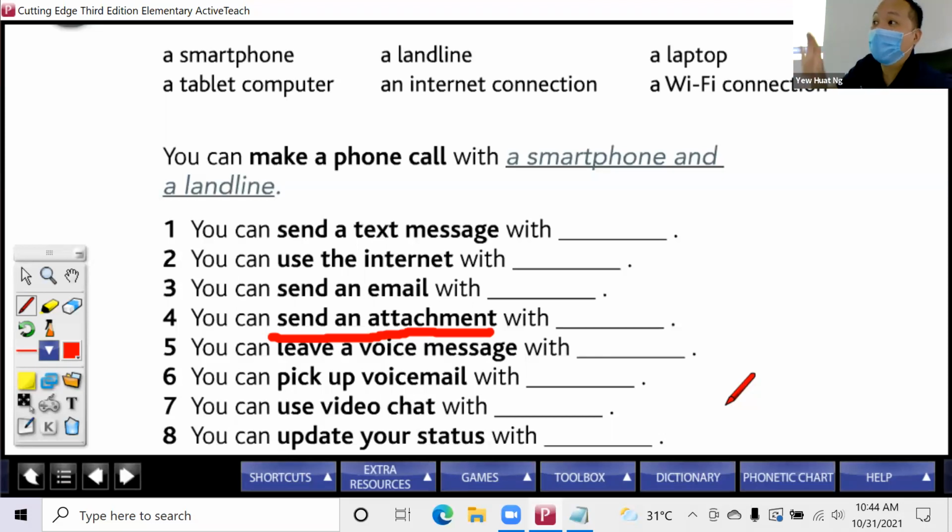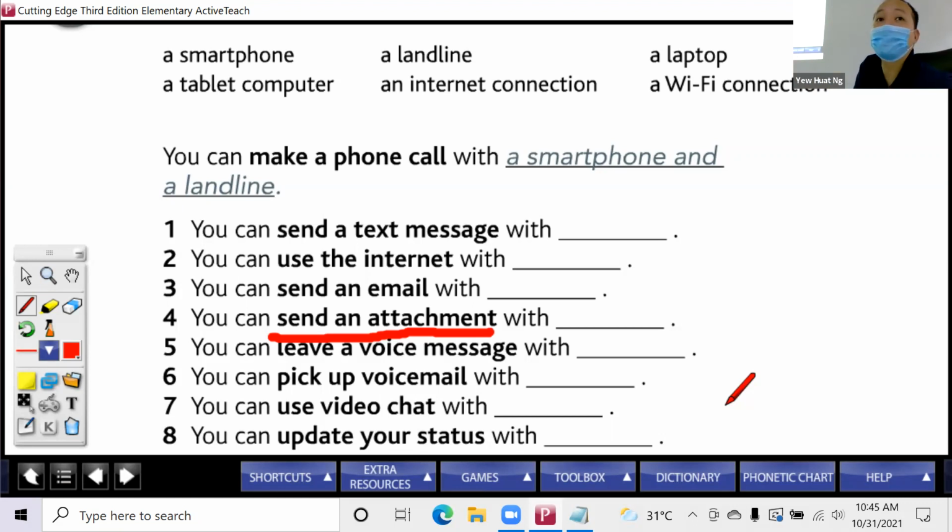Send them photos, right? That is an attachment. Sometimes you send video. That is an attachment. Gallery. Sorry, what do you mean by gallery? Yes, album. Yes, sure. Gallery, sure. Okay, thank you very much.